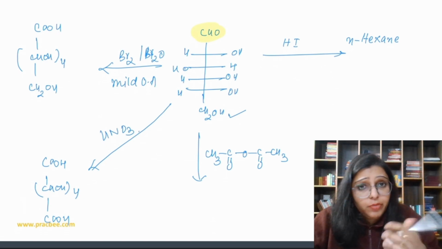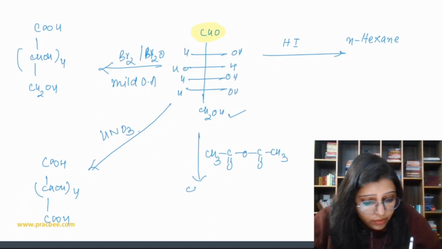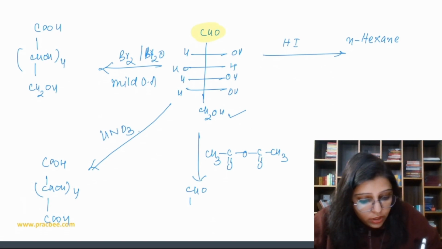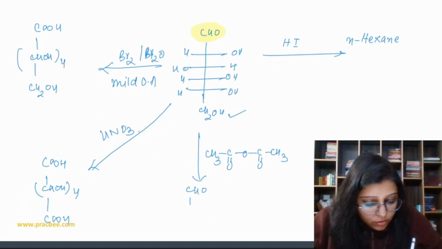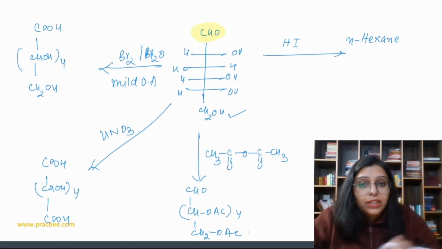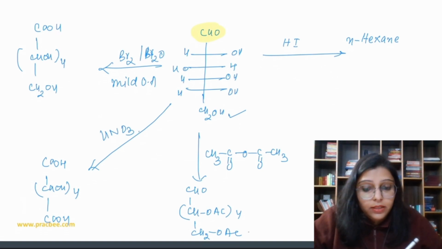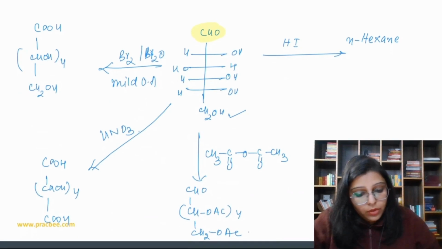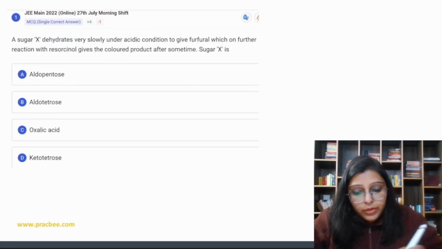In place of OH, we put OAc. So here we have CHO, then CH(OAc) four times and then CH2OAc. Understood? In that way we get glucose pentaacetate. Clear? Okay, fine. Now let's do the next question.